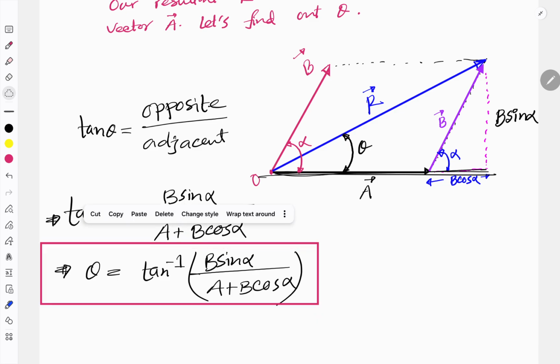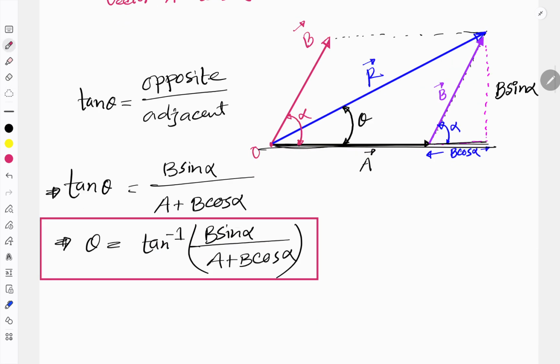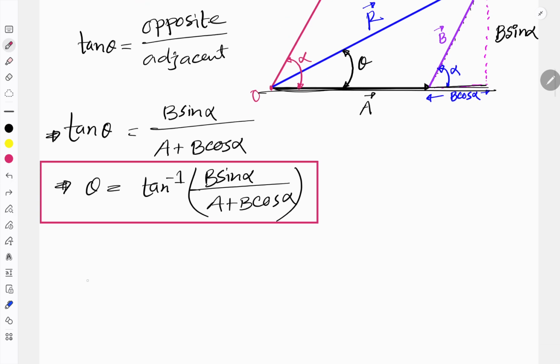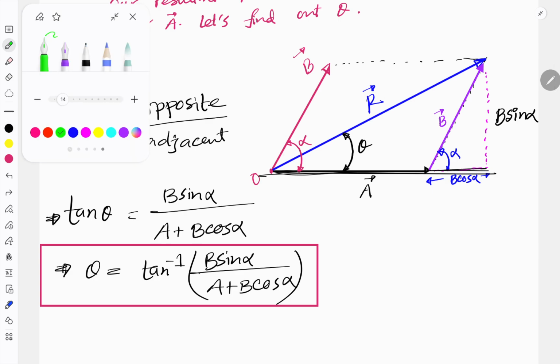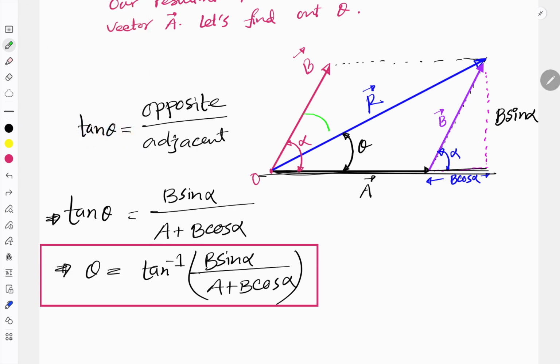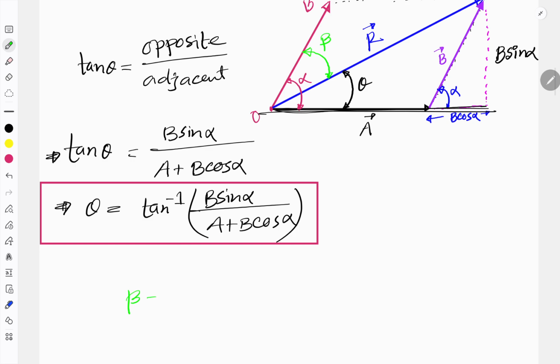So in that case, let's call this angle beta. So beta will be equal to tan inverse of a sine alpha divided by b plus a cos alpha. That's how simple it is.